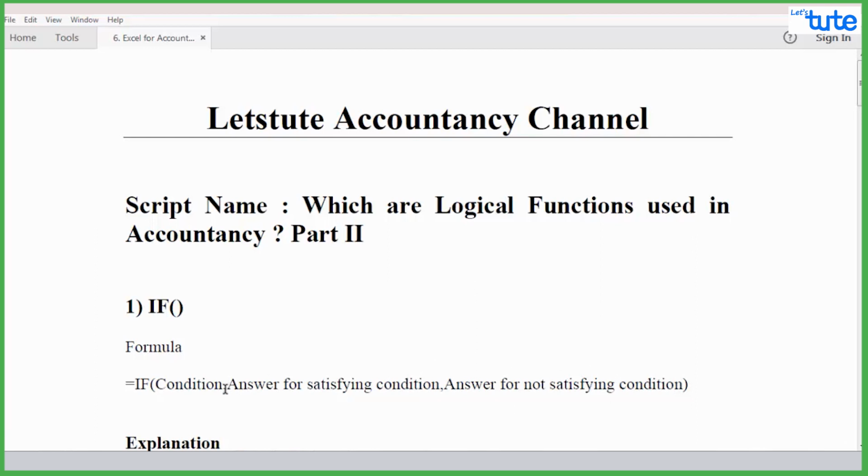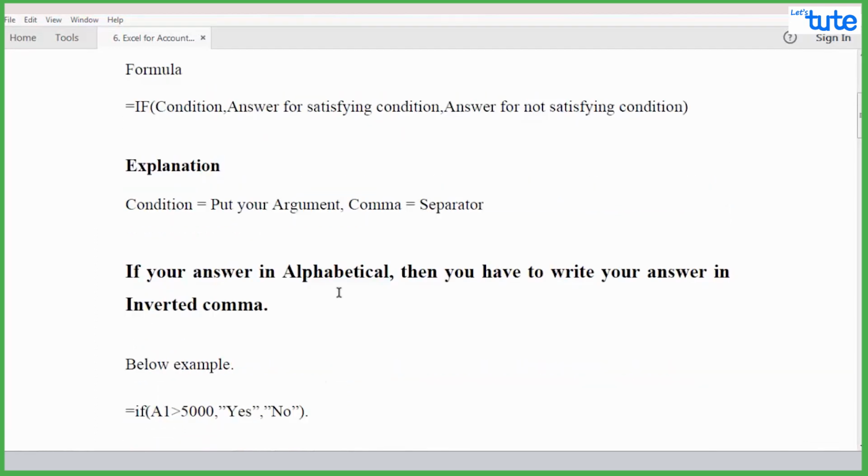Please note that there is no space in the formula. Only after the comma you have to give your answer if the condition is satisfied, and a comma, then the answer if the condition is not satisfied. We will see a detailed explanation with an example.